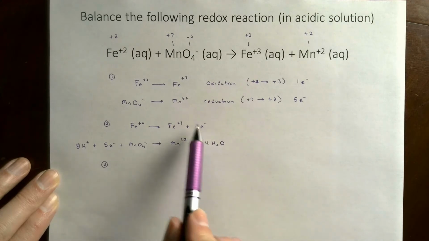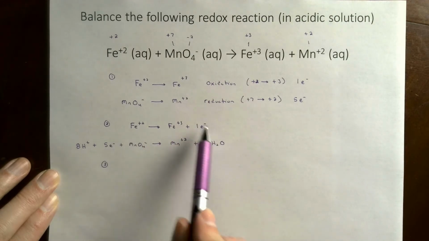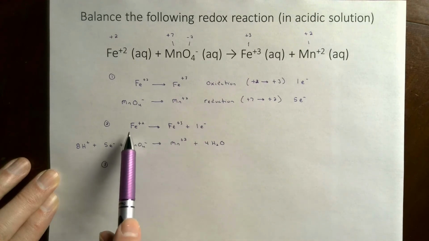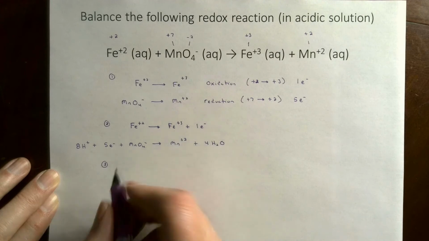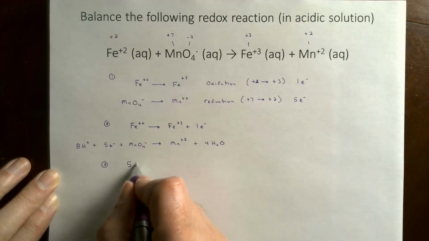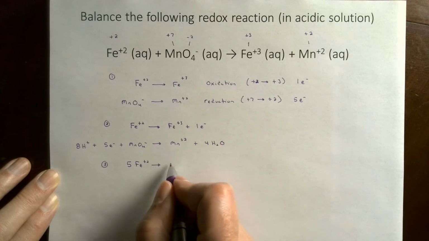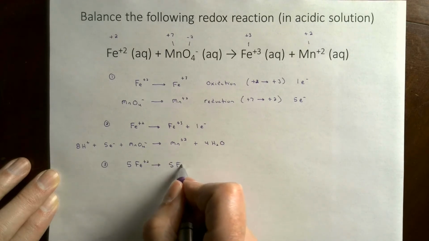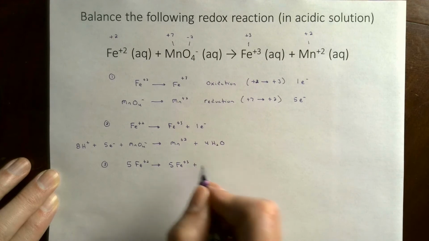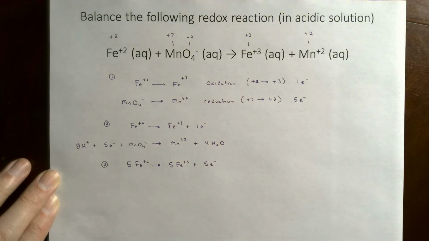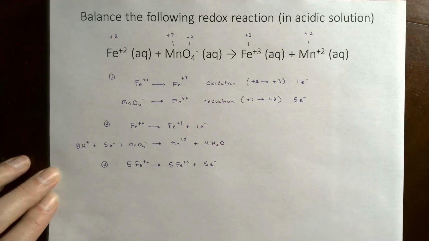This one has 1. So I need to take this one and end up with 5 electrons in it. To do that, I'm just going to multiply everything in that equation by 5. So I'm going to get 5 Fe plus 2, 5 Fe plus 3, and 5 electrons. It'll be obvious here in a second why we have to get the same number of electrons in both.